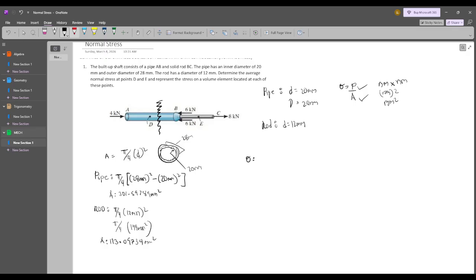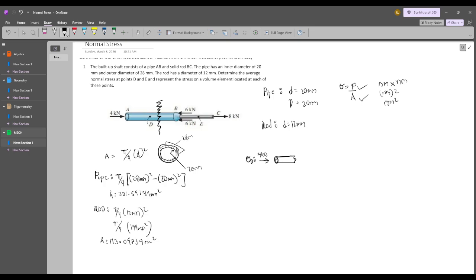Basically, it'll end up looking like this. Four kilonewtons, 4 kilonewtons, because of equilibrium. Since we cut it, so you won't get confused, we don't need to write that, or at least I don't need to write it down.